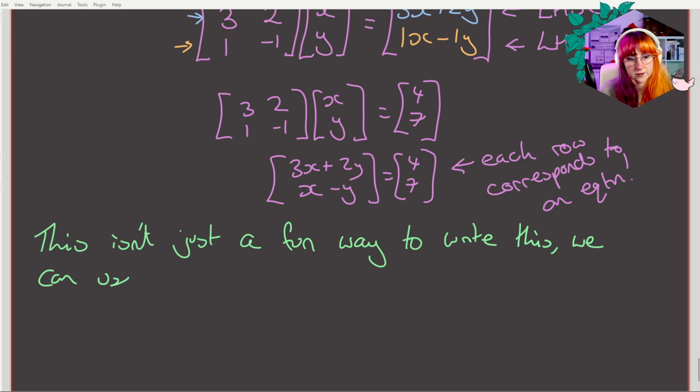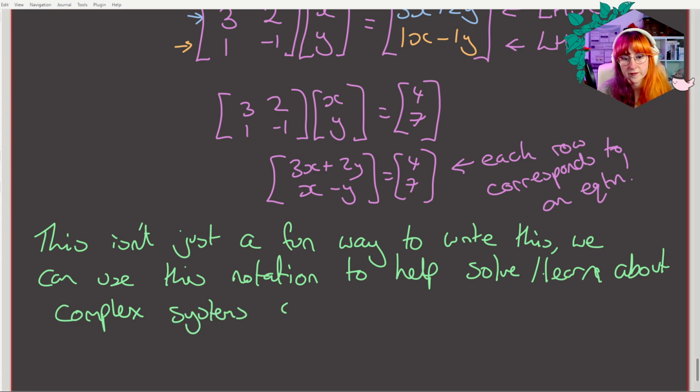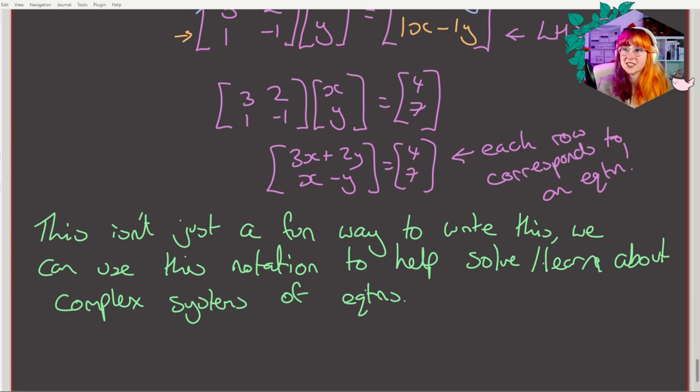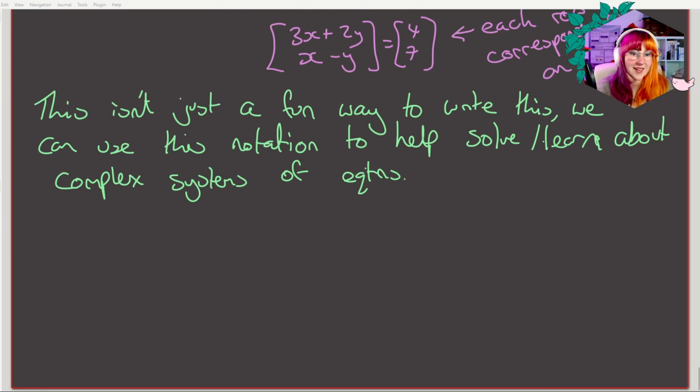We can use this notation to help solve, learn about complex systems of equations. By that I mean if we start having 5 or 6 equations or loads of variables, that sort of stuff.